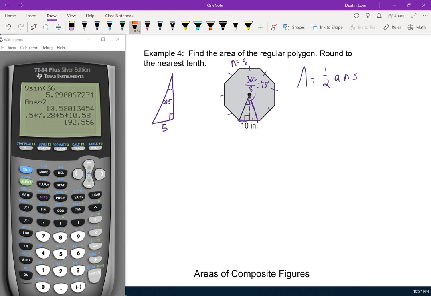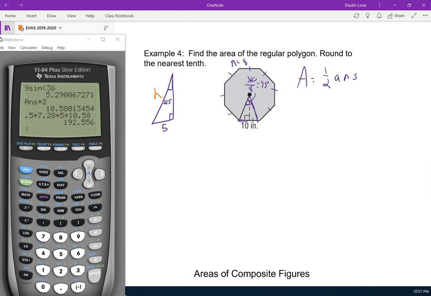So here is our hypotenuse, here is our adjacent, and here is our opposite. I'm needing to determine my adjacent. I have the opposite. That makes a tangent problem.